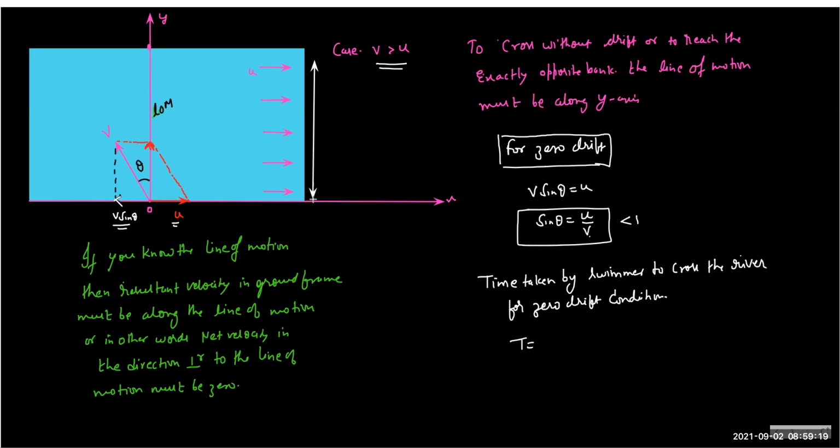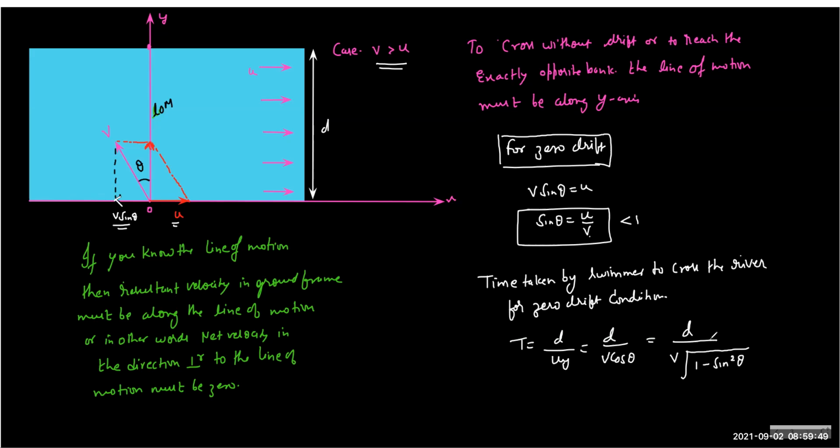So how to write the time? Tell me, guys. The y value upon the vy, right? Uy. And what is uy here? V cos theta. Now the theta is known to us because sine theta we know, so we can write v, and cos we can write as root of 1 minus sine square theta.